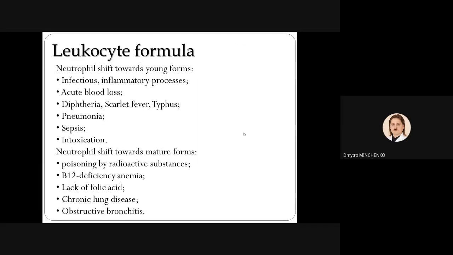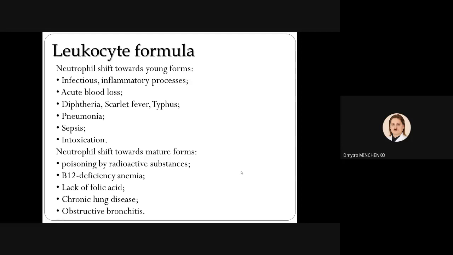Leukocyte formula. Neutrophil shift towards young forms, sometimes referred to as the left shift. Infectious inflammatory processes, acute blood loss. Such infectious diseases as diphtheria, scarlet fever, typhus fever, pneumonia, sepsis, and various intoxications.